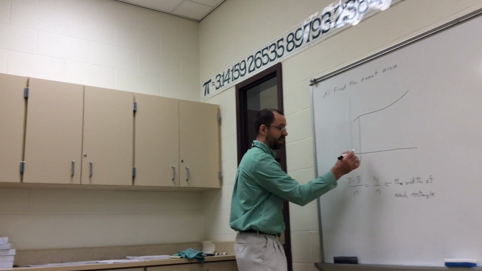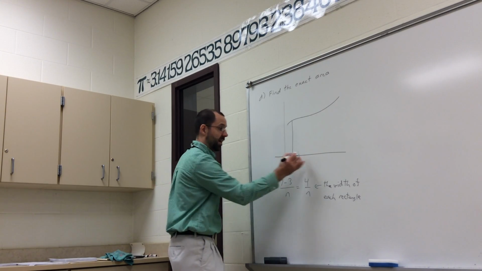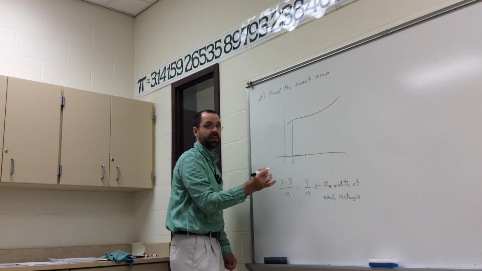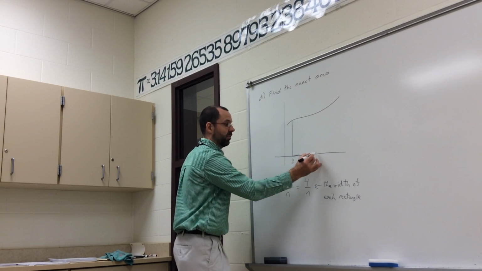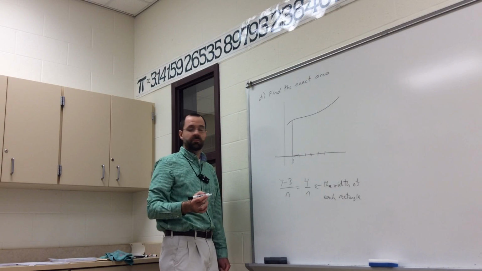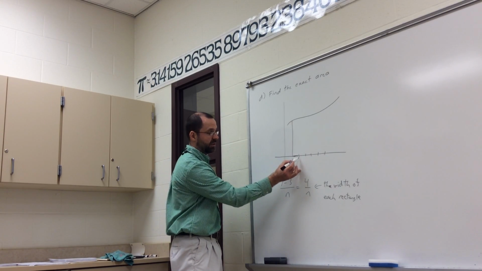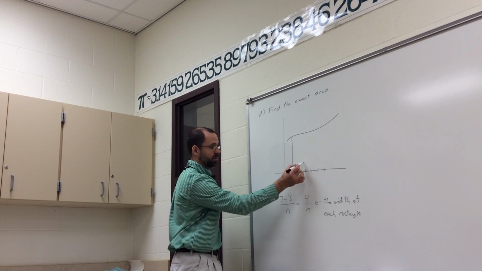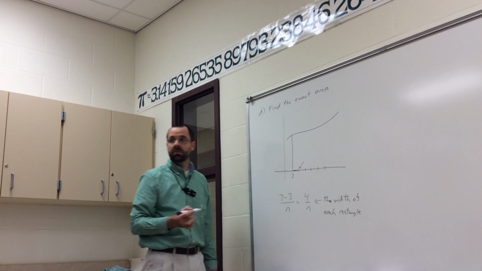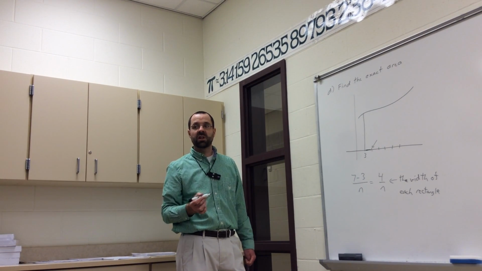So I have a rectangle here that has a width of 4 over n. And then I have another one that has a width of 4 over n, and then another one, 4 over n, et cetera, right? Okay, so what is the x location right there? Let's take a step back.